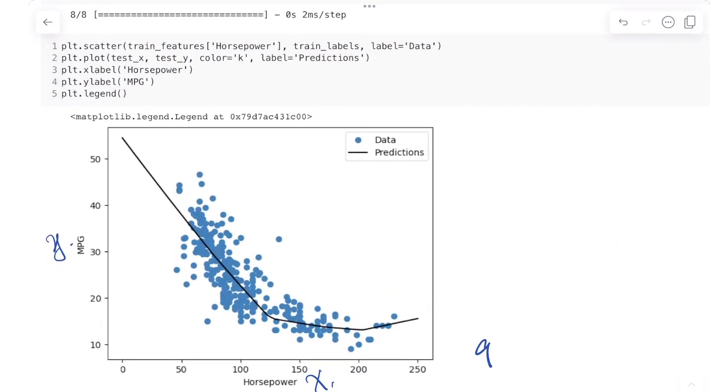And you can see that the shape is much more smooth because we have many different neurons. I can guess that we have several different lines right here and several different turning points maybe right here.